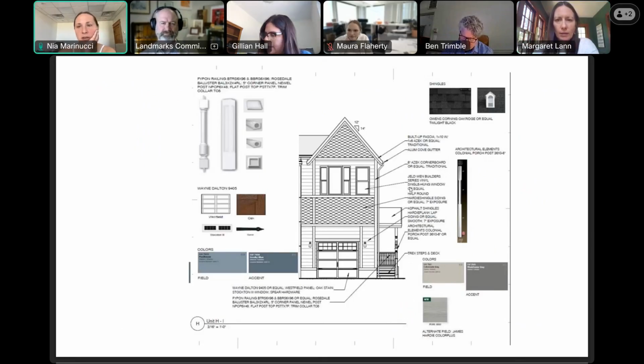Would you be good on the full project or just the front? I prefer the full project for longevity's sake, but just the front is the standard recommendation from Landmarks. And then I, for one, don't really support the bay. That was also discussed. Great, everyone else agreed with you.